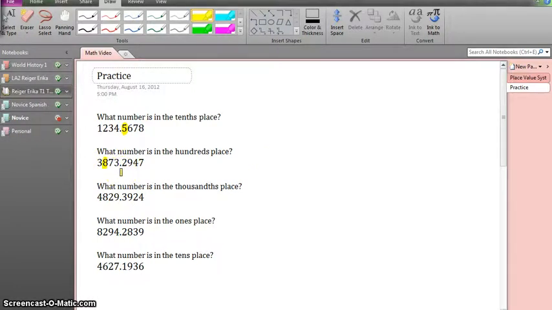What number is in the thousands place? In the thousands place, it would be the 2. This is because when you count to the right, it goes tenths, hundredths, thousandths. What number is in the ones place?